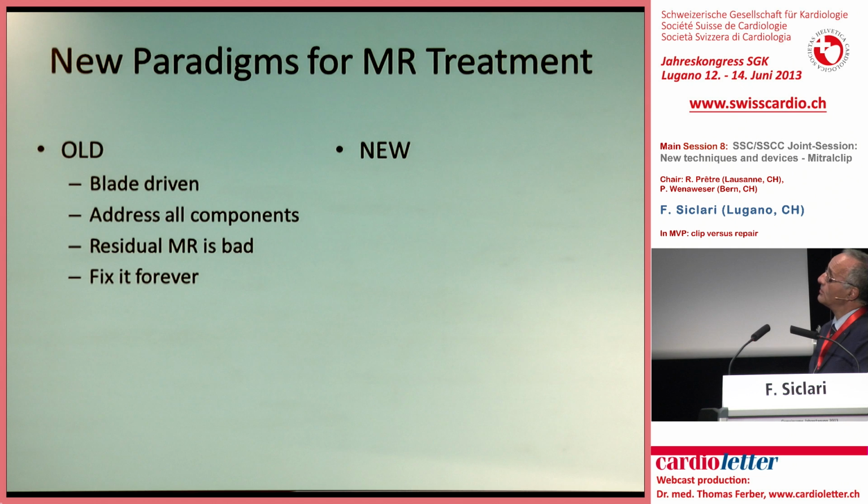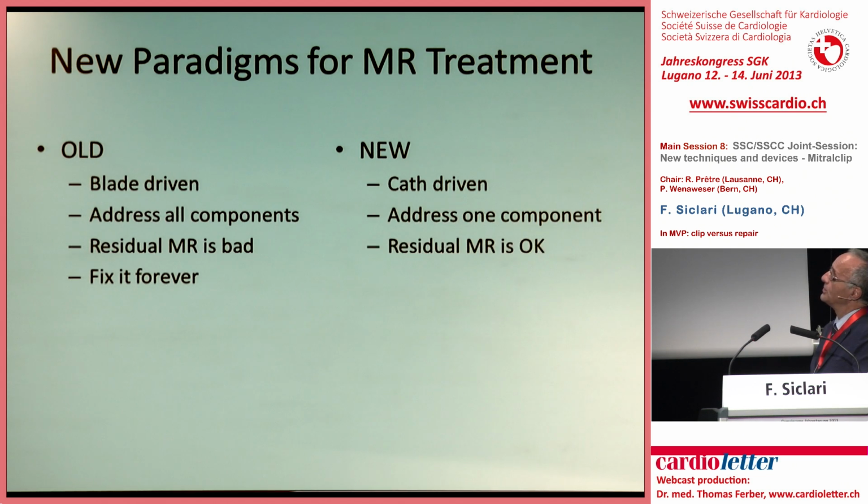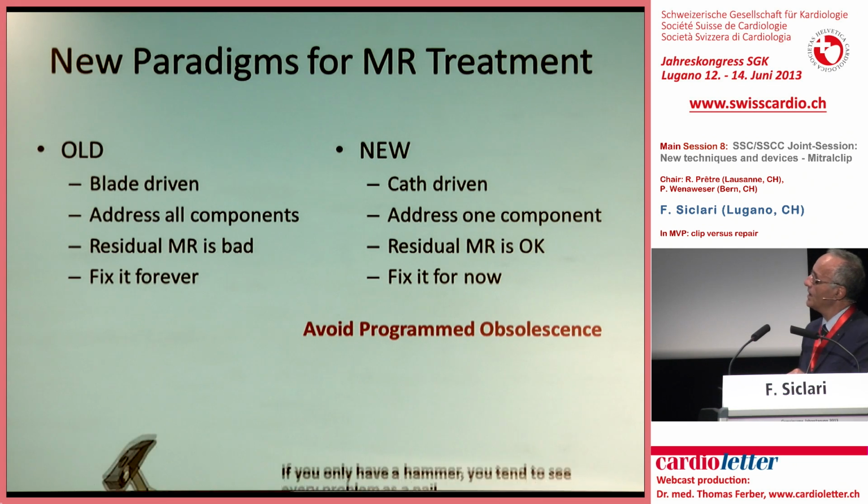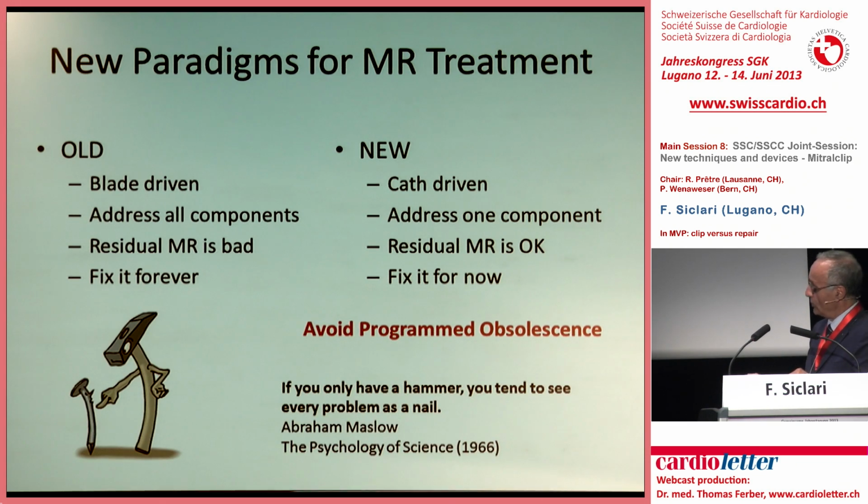If we look at the new technology, it's catheter-driven, addresses one component, the residual mitral regurgitation is considered to be okay, and we fix it for now. So we should, of course, avoid programmed obsolescence, which is small nowadays, and also avoid the hammer-nail syndrome.